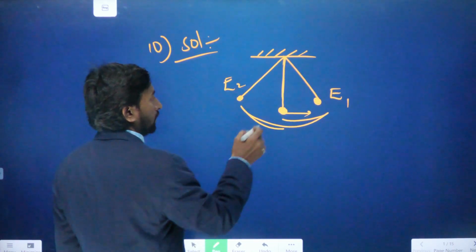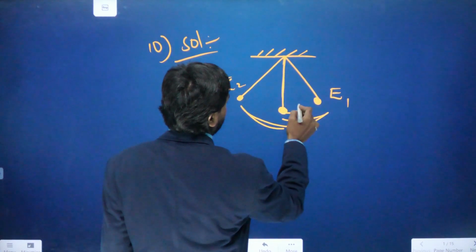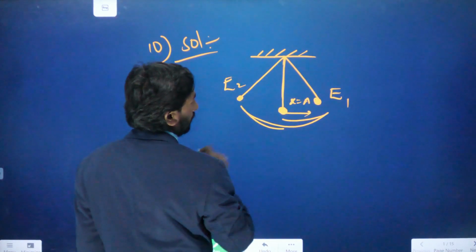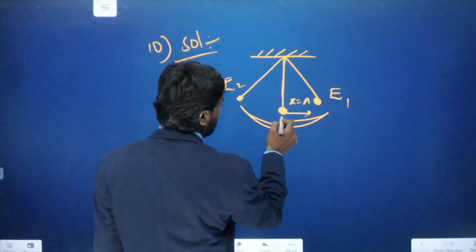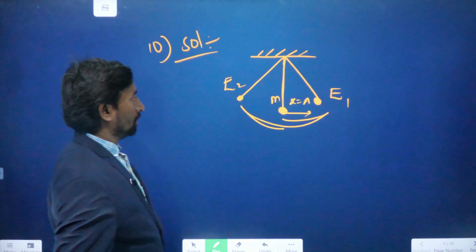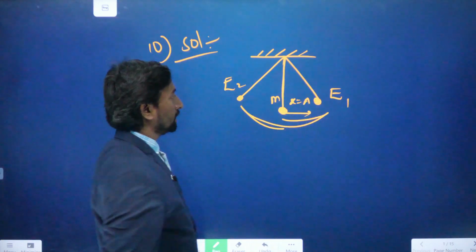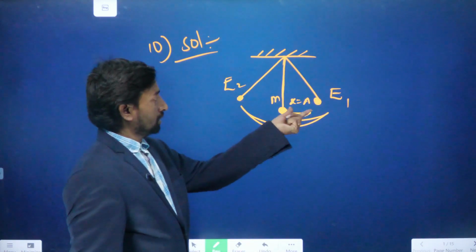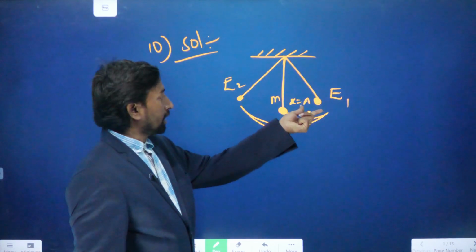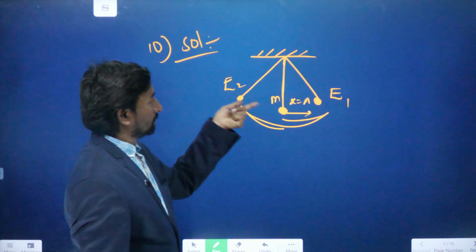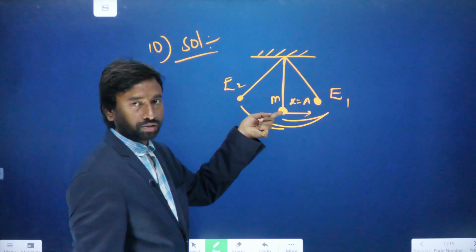Then for one extreme position, the displacement is x equals A. It starts from the initial position, which is the mean position, goes to the right extreme position where displacement will be A, and again it goes to the next extreme position, and in one oscillation it will stop at the mean position.